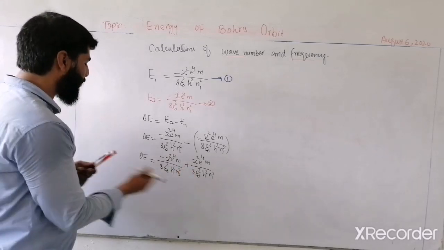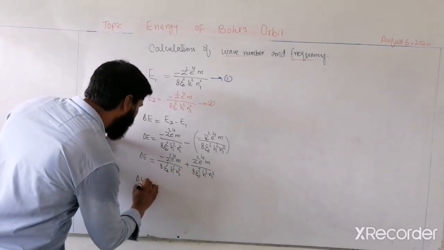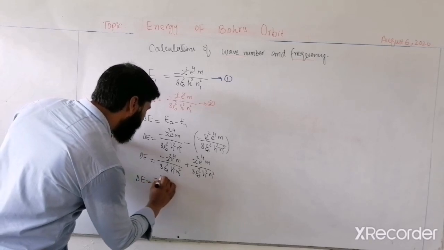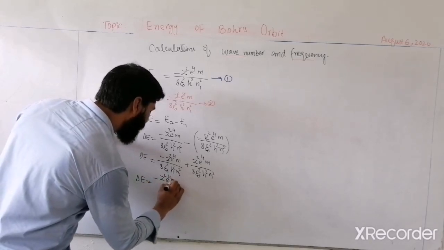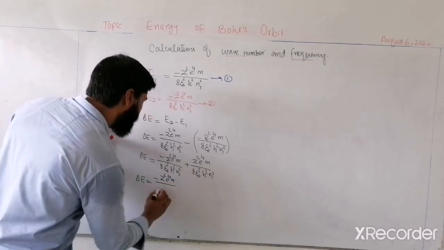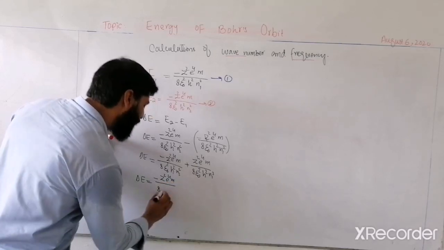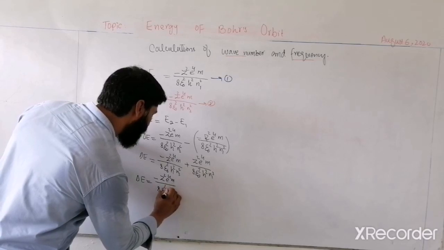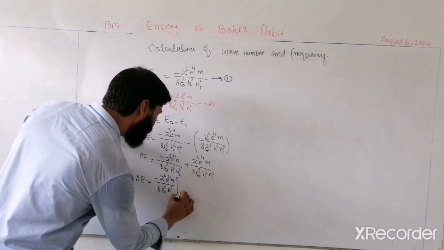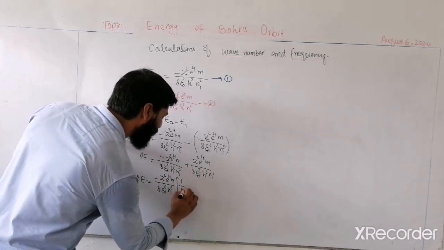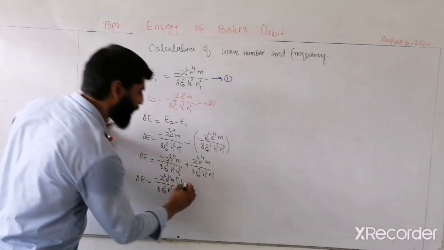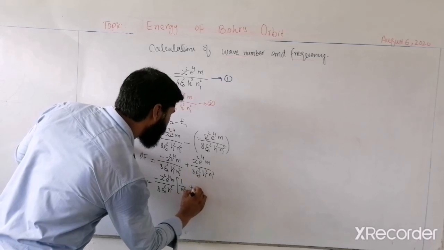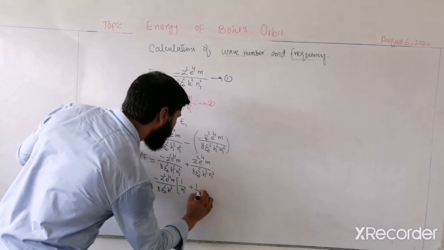So we can write it as delta E is equal to minus Z square e4 m divided by 8 epsilon naught square h square into 1 by n 2 square with minus sign and plus 1 by n 1 square.